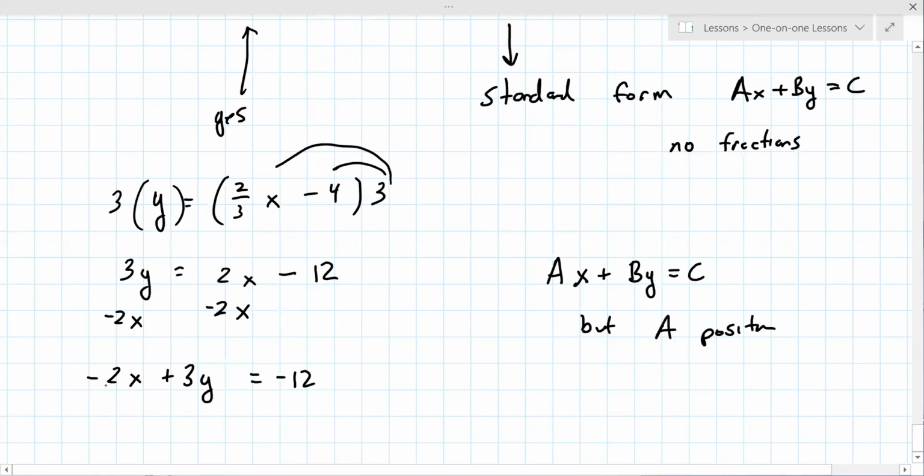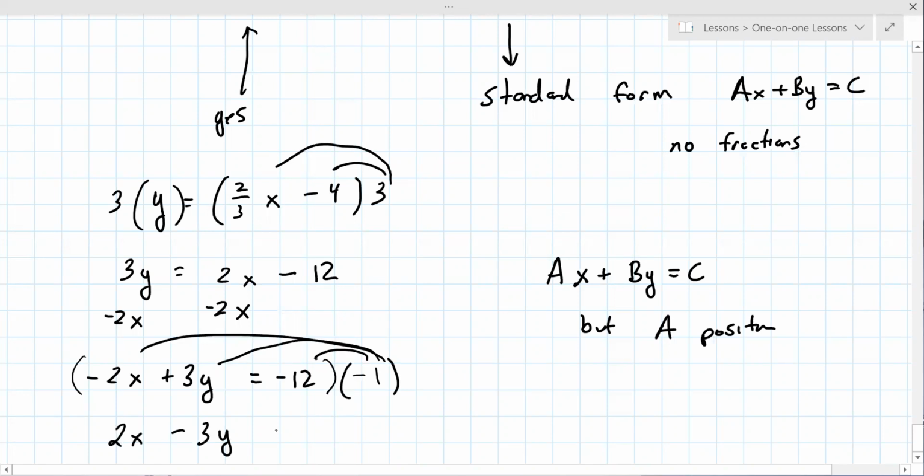So how can you switch the sign of this? You can't just change it to positive. You have to multiply everything by negative 1. So that one, and that one. So it becomes 2x minus 3y equals 12, and everyone's happy.